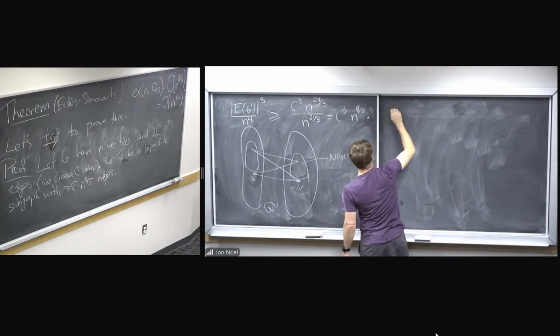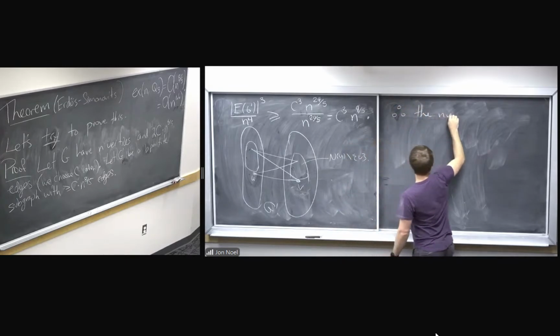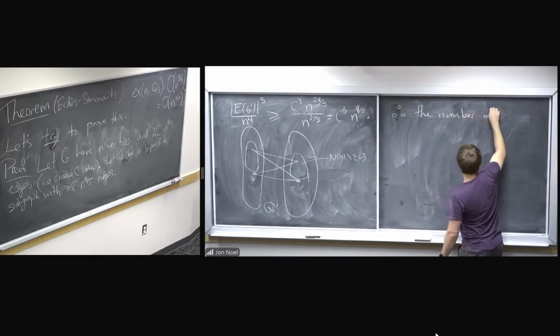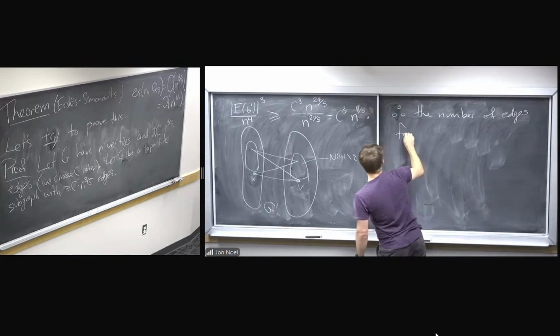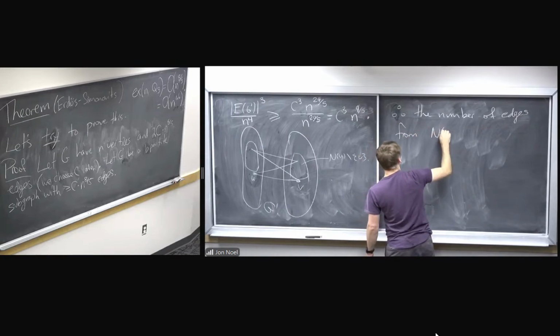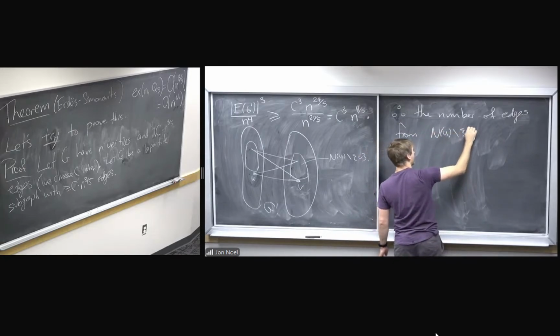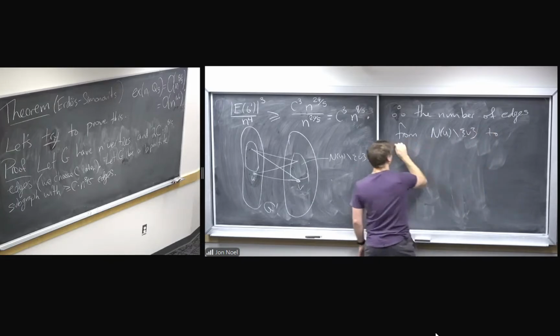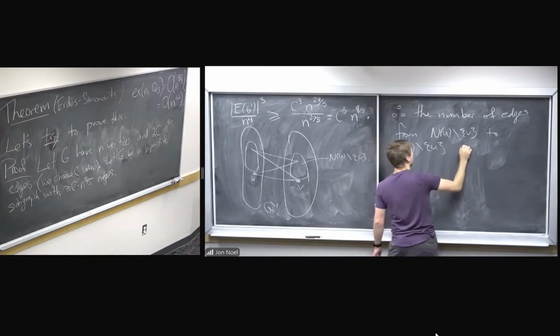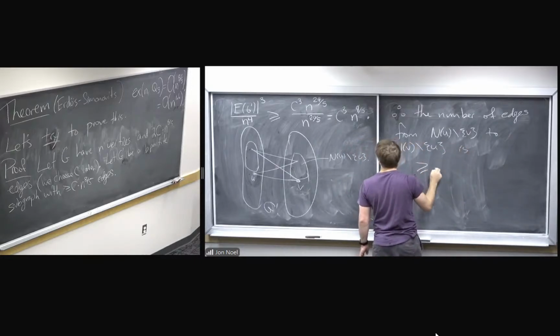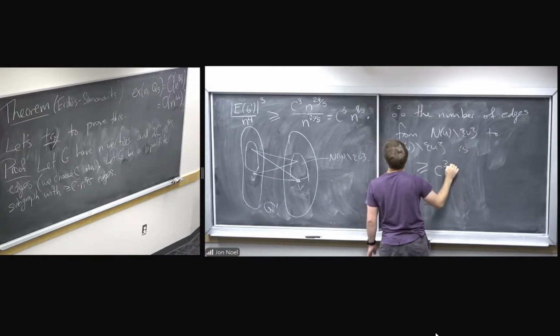So therefore the number of edges from the neighborhood of U, take away V, to the neighborhood of V, take away U, is at least this C cubed n to the 4/5.